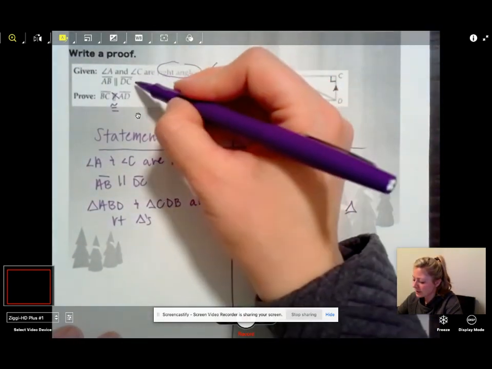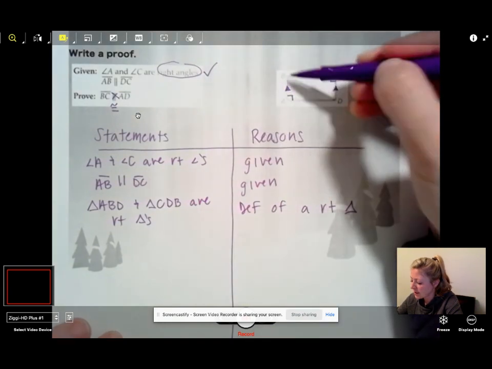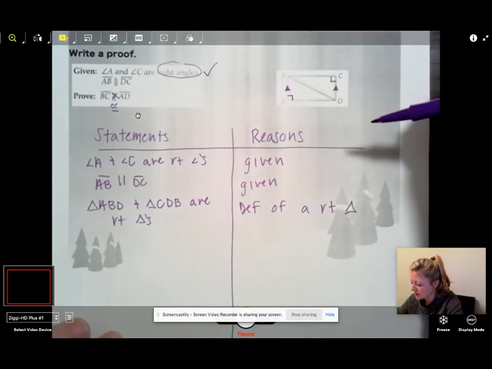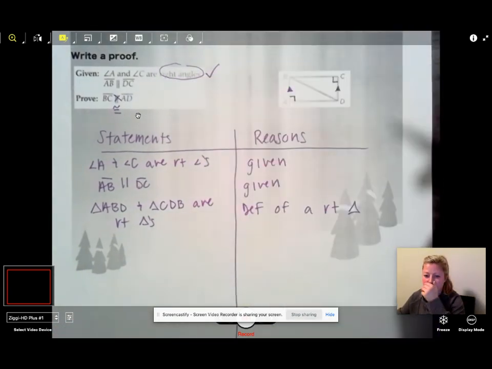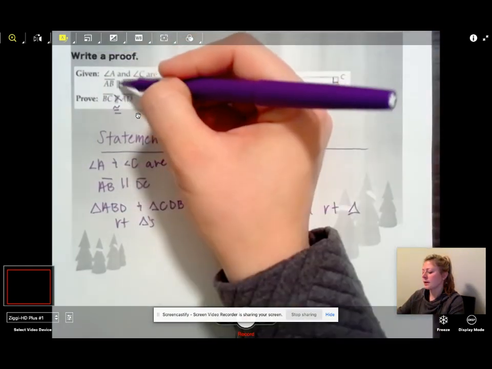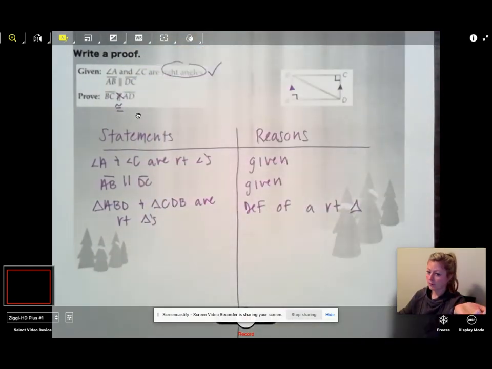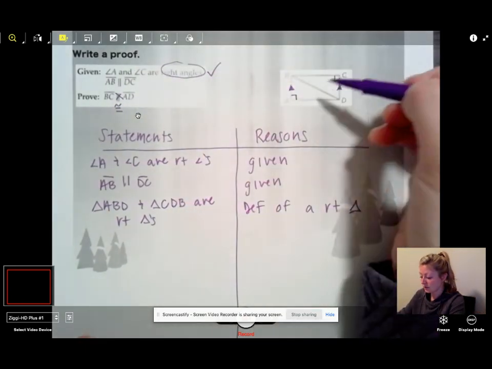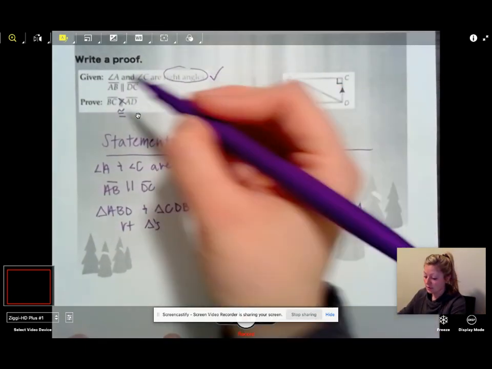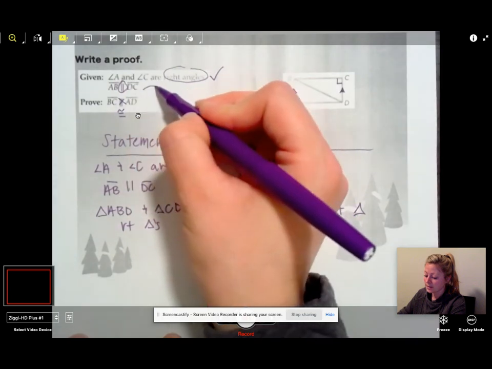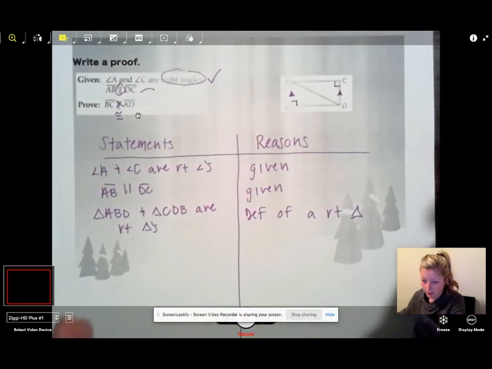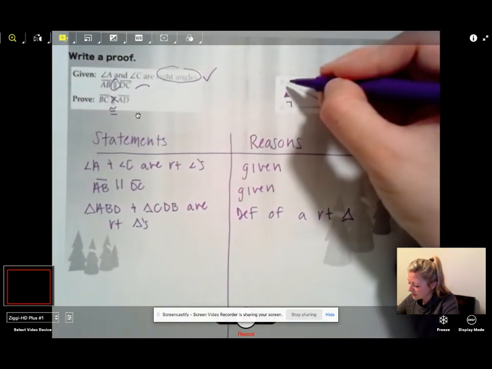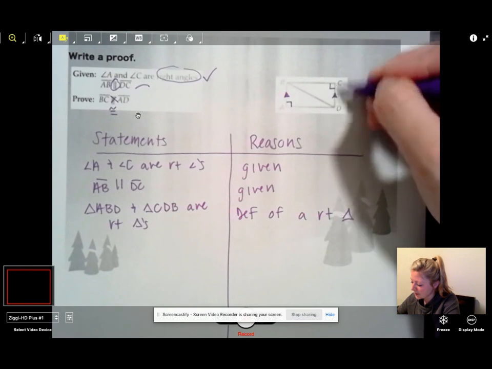Now, what would be significant in them telling us AB is parallel to DC? Whenever they give you parallel lines, think of last chapter. What did parallel lines give us? They gave us congruent angles. So again, just like when you're given a right angle, they want you to make the leap of right triangles. Whenever you're given parallel lines, they want you to make the leap of equal angles. So if I look here, here are my parallel lines.